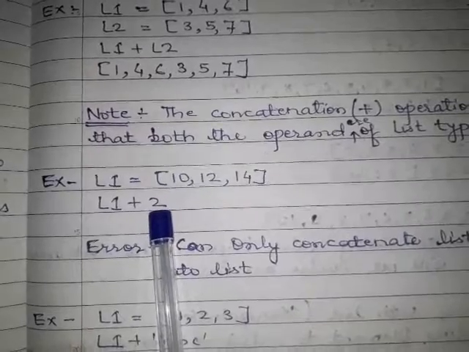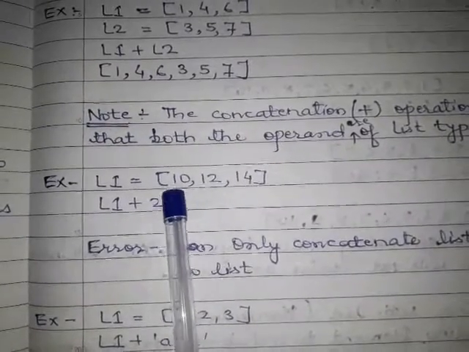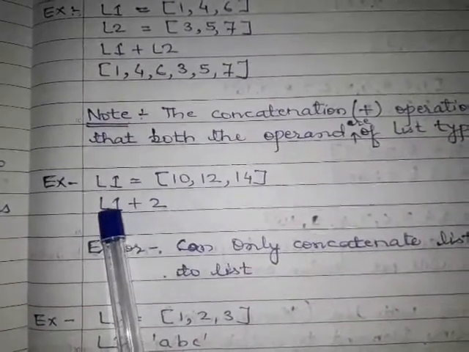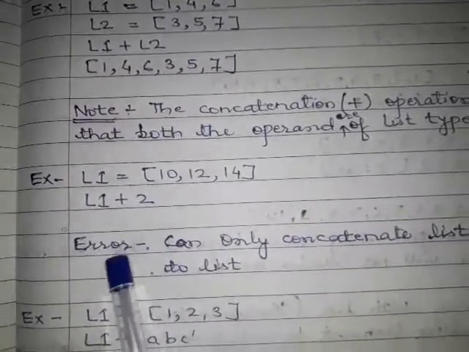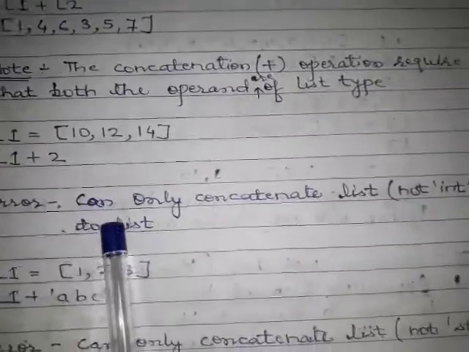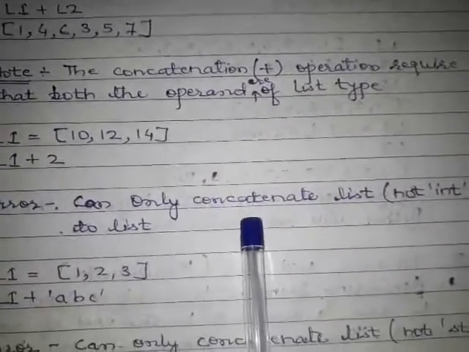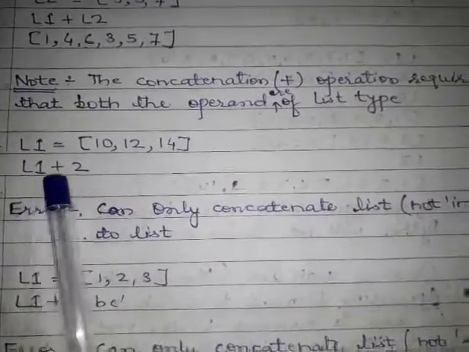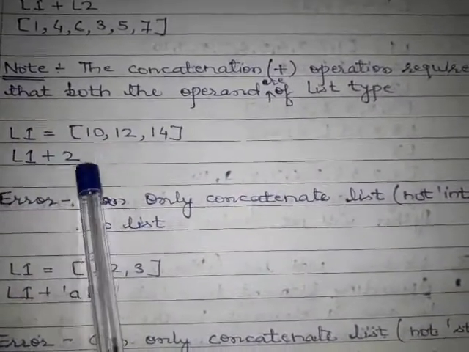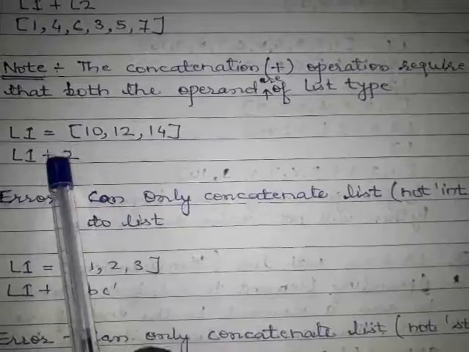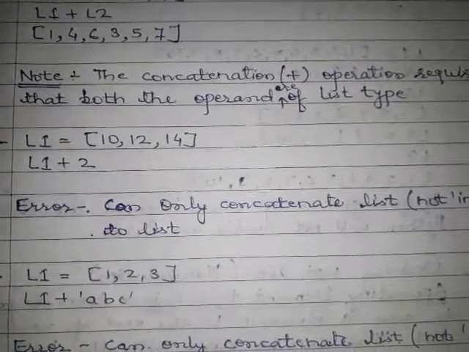So 2 is not a list. 2 is a numeric value, an integer value. So the list is being concatenated with an integer value, which according to this rule is not correct. So an error will occur. What is it? Can only concatenate list, not int. It means list with list, not the integer. An integer will not be concatenated with the list.